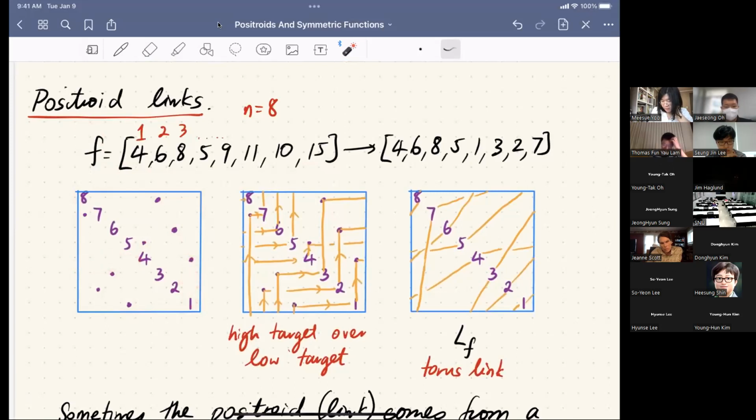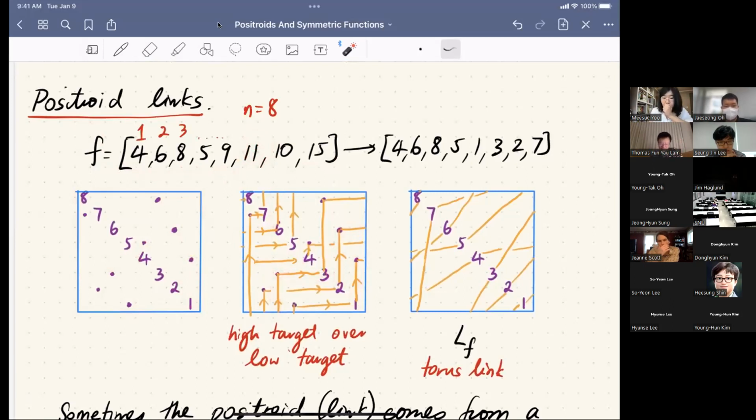So 1 goes to 4, and then 2 goes up to this dot, and then it wraps around and goes to 6. And then 6 is supposed to go to 11, but 11 is free, so 6 goes all the way up to here, and it goes to 3.